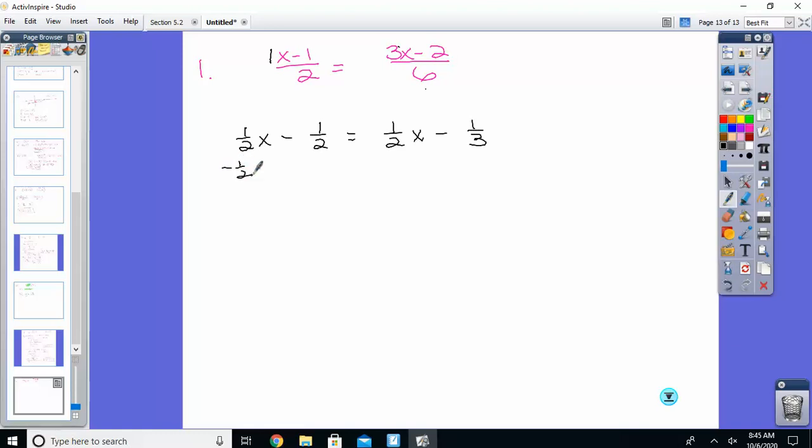Subtract your 1/2 x over. You get negative 1/2 equals negative 1/3. So again, no solution, contradiction. You could even cross multiply on this problem if you wanted to. So lots of different options there. Okay, let's look at number 4.